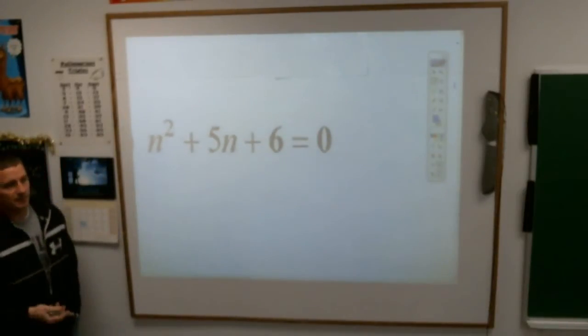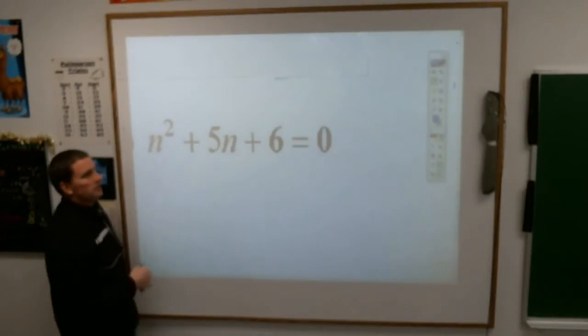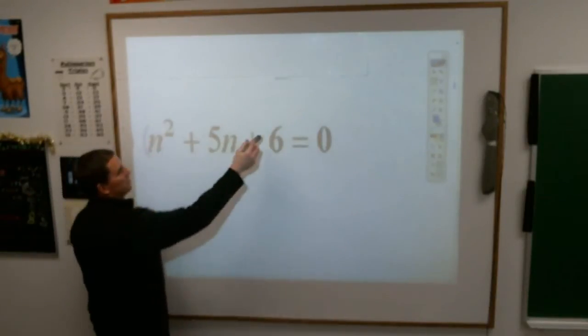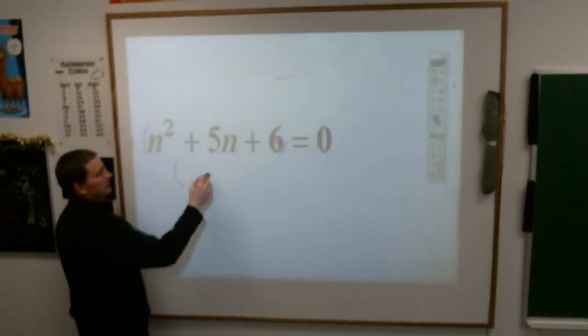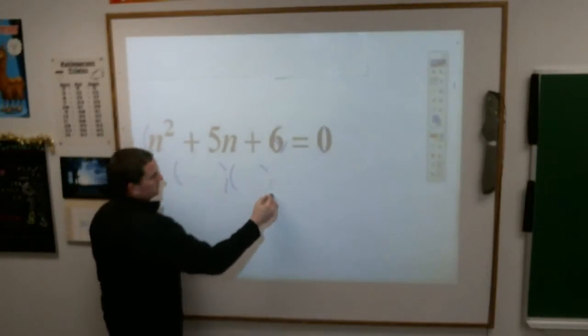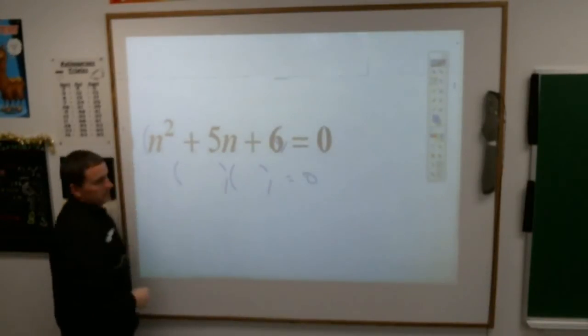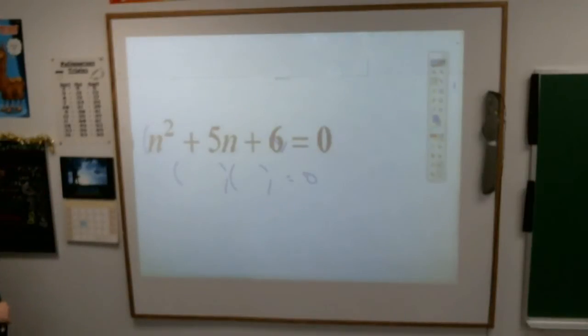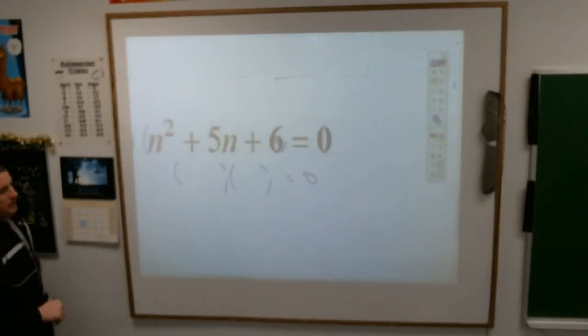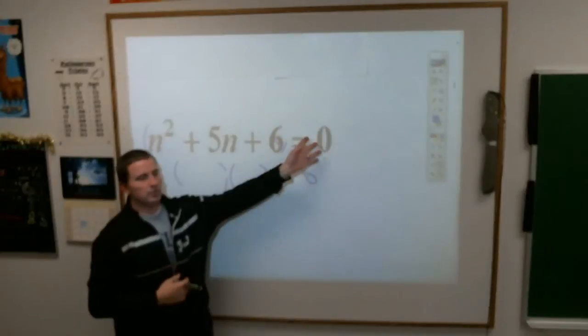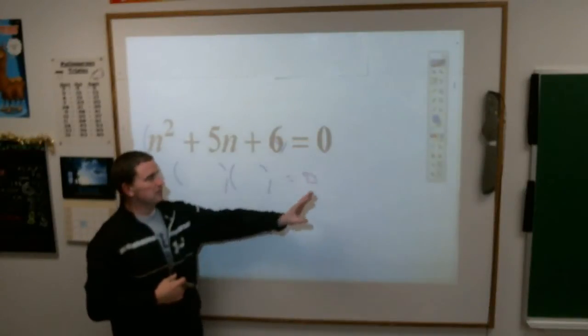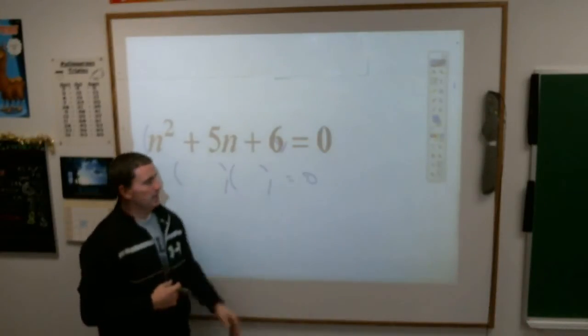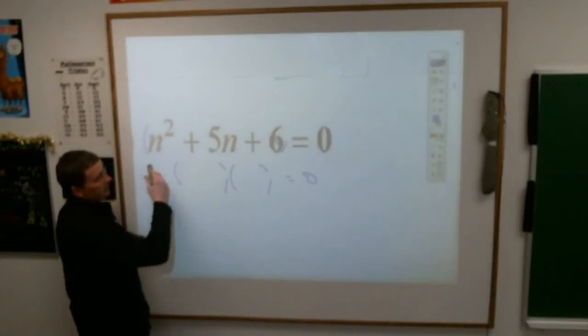Now this one is done the same way, except you have to do the initial step and make this trinomial into two binomials so that it's equal to 0. If it's set equal to 0, you are perfectly okay. You don't need to do anything with moving stuff around. So you just have to use what you know about factoring trinomials.